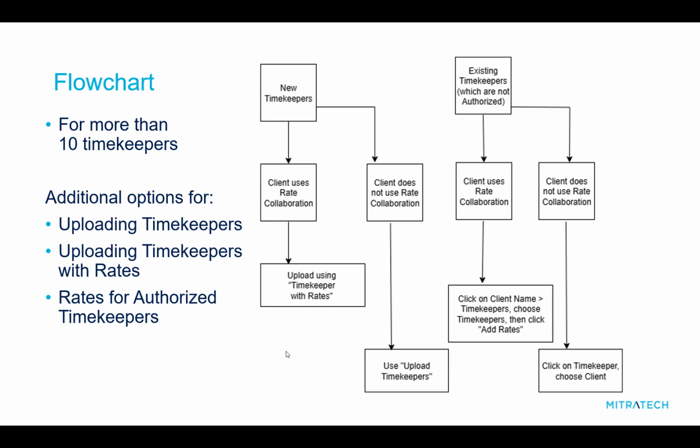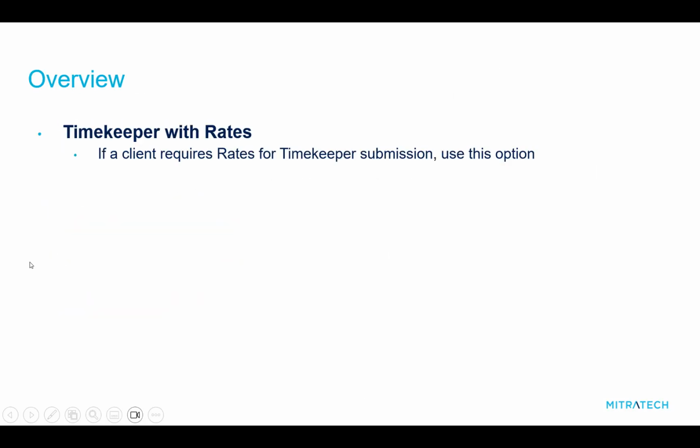On the right, you'll see existing timekeepers which are not authorized, and you'll see client may or may not use rate collaboration, with options including click on the client's name, then the timekeepers, then choose the timekeeper and click Add Rates, or you might just click on the timekeeper and choose the client if they don't use the rate collaboration. In particular, if the client requires rates for timekeeper submission, it's a good idea to use the timekeeper with rates option.